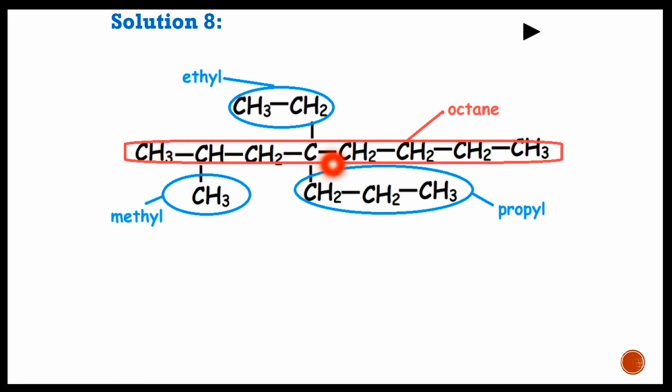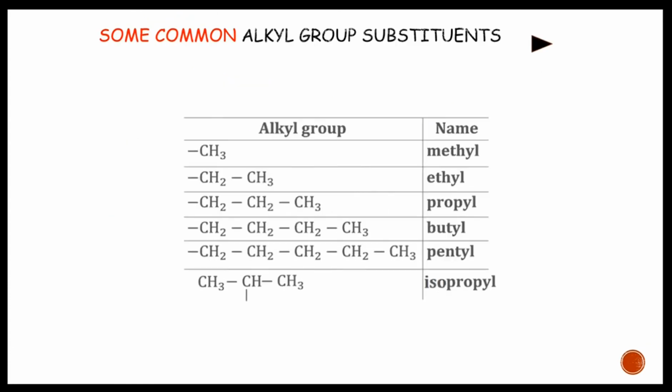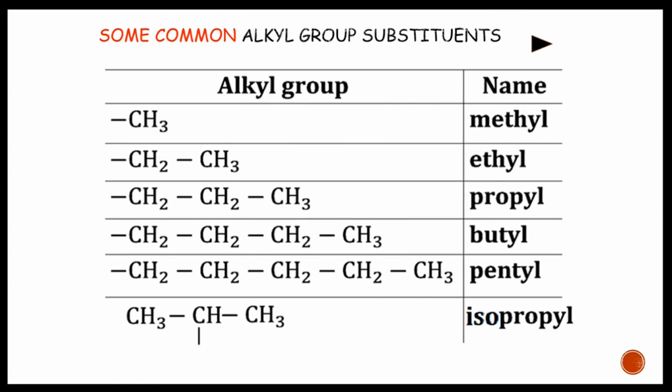It will be left with 3 substituents. So we have the substituent propyl here. Yes, let's check our table of alkyl group substituents. You see that when you have CH2, CH2, CH3, then you have a propyl substituent.